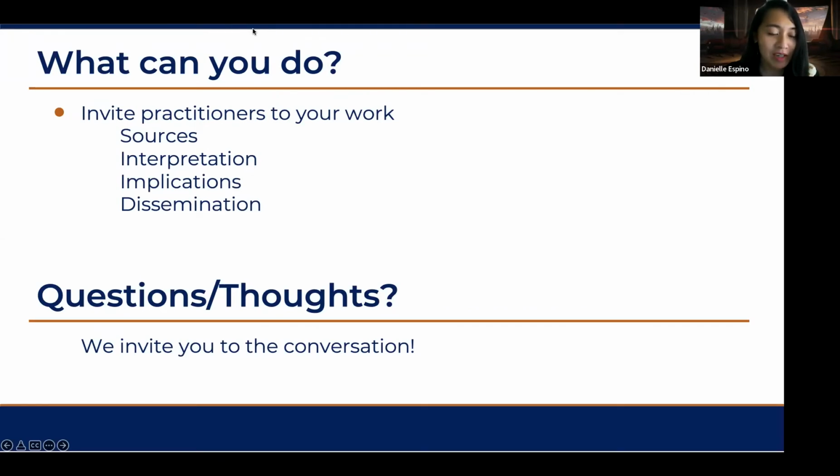Engaging with those conversations because they might know data sources that you don't know about, and also involving them in the interpretation of the data. I know that we have obviously the movement of participatory QE within the community, but also inviting the practitioners to help with showing them results, but also coming up with the implications that can help strengthen our findings to be more well-rounded.